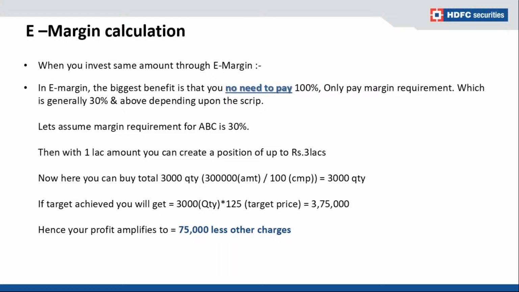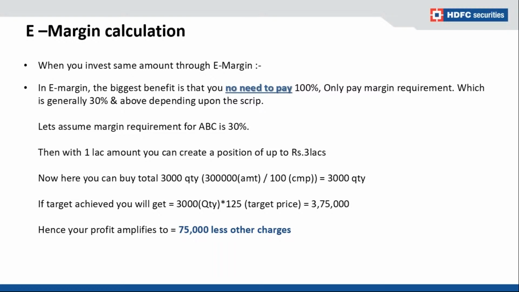That means we are providing almost 3 times your trading balance. So within the 1 lakh trading limit, you can buy up to 3 lakhs of positions.